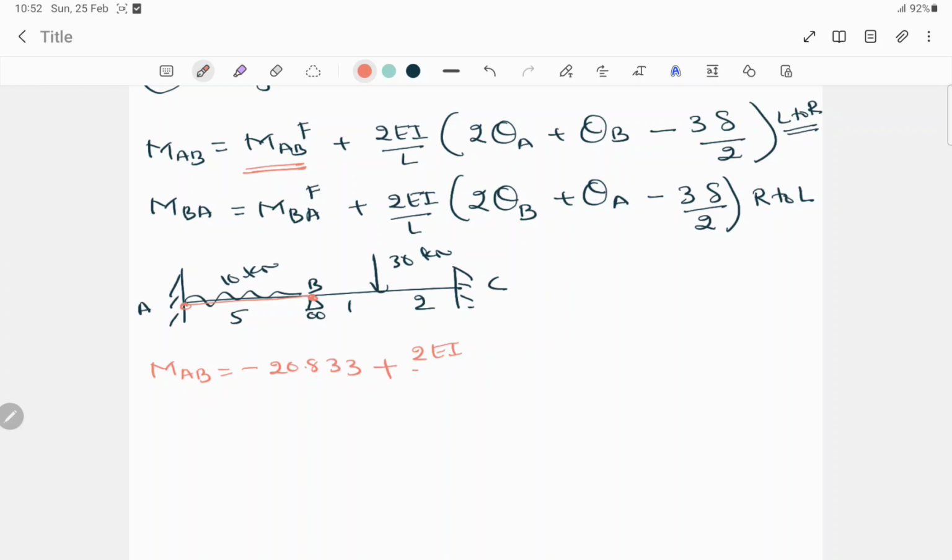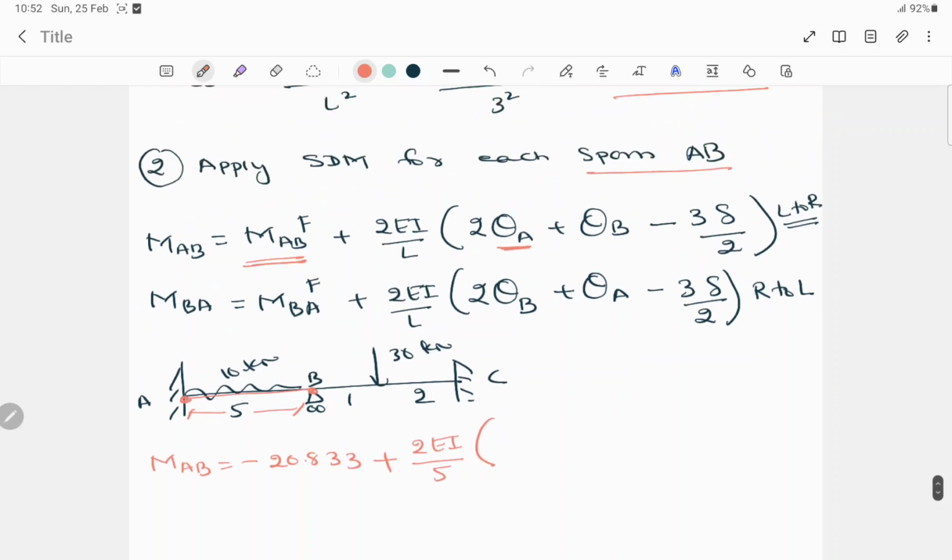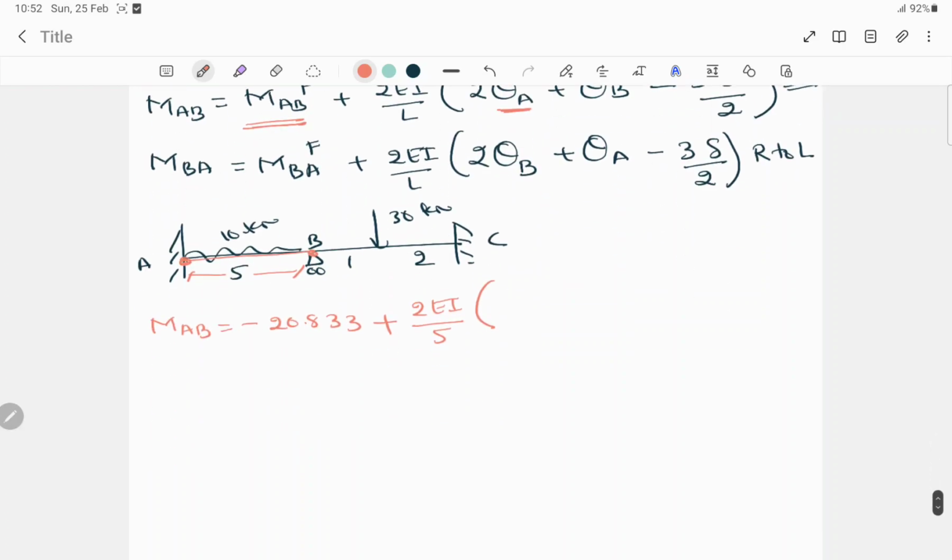And L for this span is 5. Now 2 theta A plus theta B. For theta A, always remember that at the fixed end the theta value will always be 0, and I have already mentioned this in my previous videos also, so you can go and check it out there.